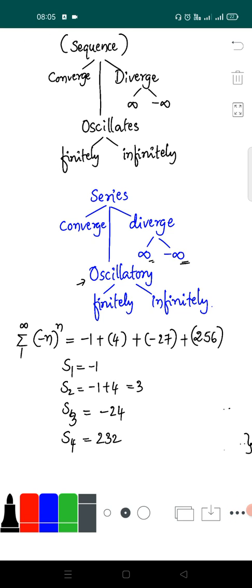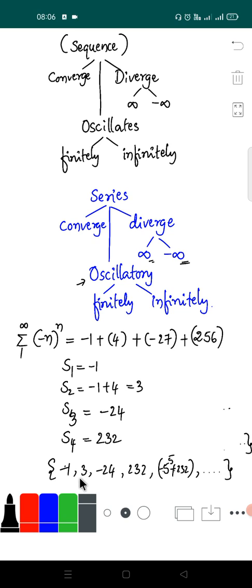So you can see here this sequence of partial sums: minus 1, 3, minus 24, 232, and so on. The next is a larger negative number, minus 5 to the power of 5 plus 232, which will come in the sequence of partial sums. So it will be a very large negative number.